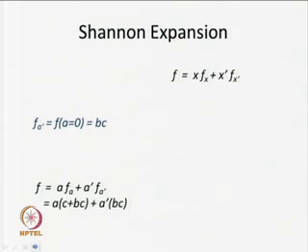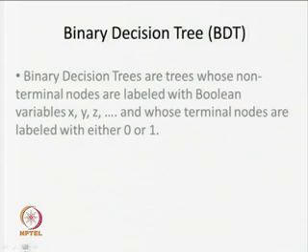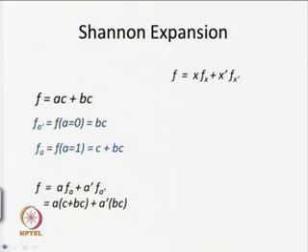So, now I am going to give one example of this particular Shannon expansion. You just see that I am going to talk about this particular function f is equal to a c plus b c. That means f is a function of 3 variables, a c plus b c, and already I have mentioned that the Shannon expansion is f is equal to x into f x plus x bar dot f x bar.